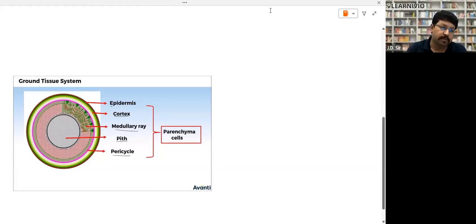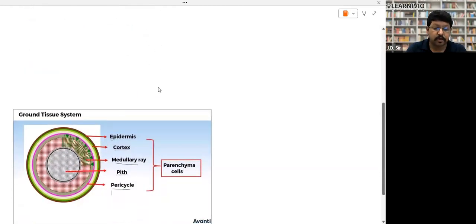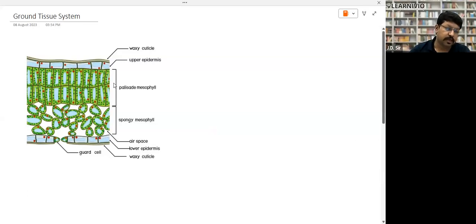So we include them all in the ground tissue system. But this was the ground tissue system of the stem. When we talk about the ground tissue system of the leaf, this is the ground tissue system of the leaf.